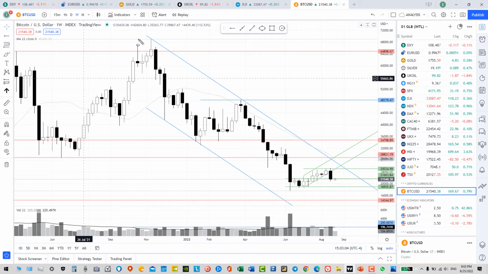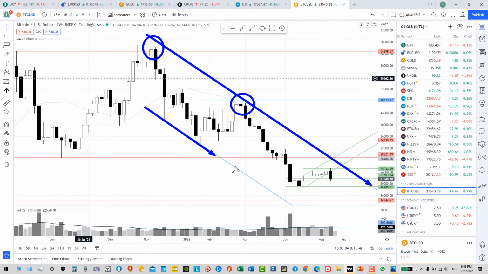We can notice that we do have a well-established downtrend when we connect the lower highs, the decreasing tops, and the parallel channel line connecting the lower lows. So the weekly chart is confirming the bearishness from the monthly chart, and the weekly chart is showing a clear, well-established downtrend. Of course, there are some times that the cryptocurrency corrects.